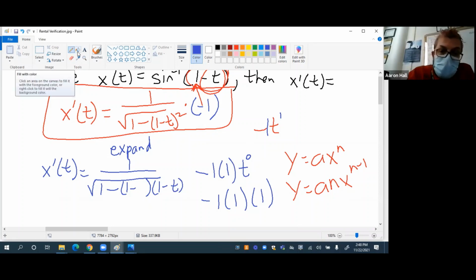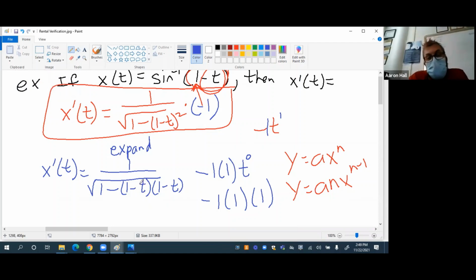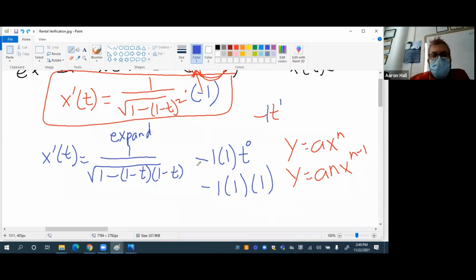So now what? Is that a difference of squares? No, it's not a difference of squares. I just expanded it. So what am I going to do? Starts with a D. I'm going to distribute.